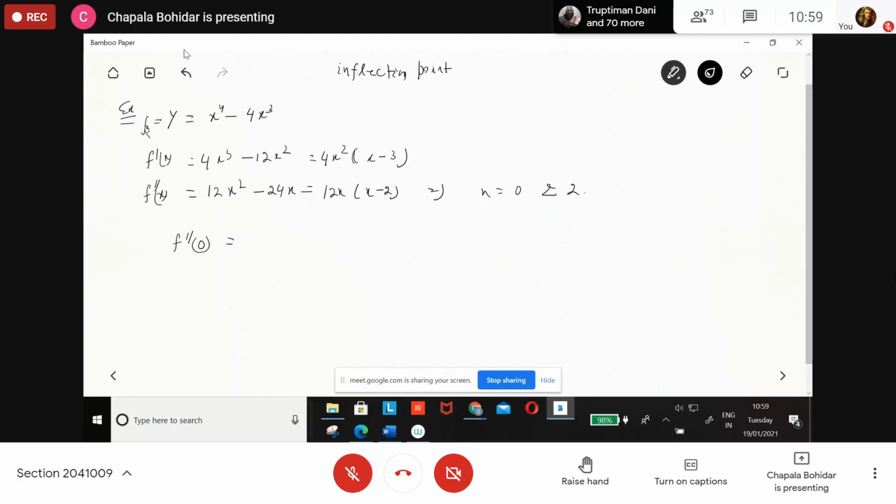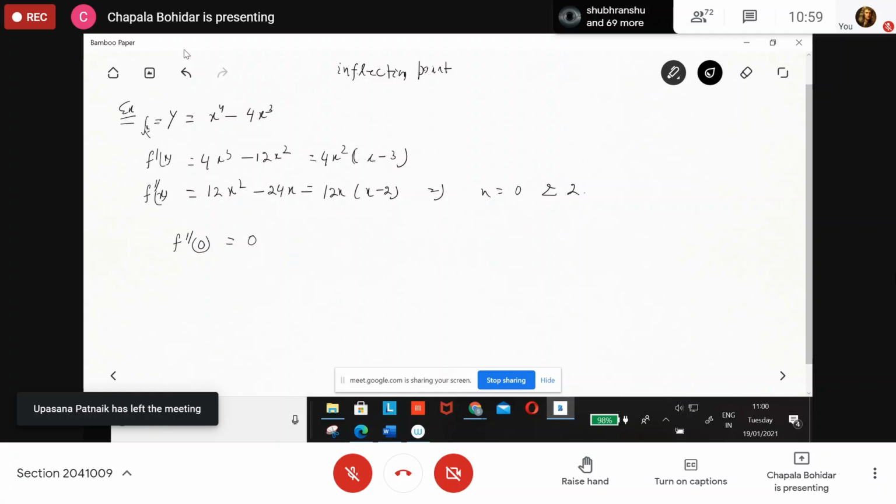Zero. To find out the local maximum and minimum, second derivative test: f''(0) is equal to 0. Clear? F''(0) is equal to what we are getting? 0.